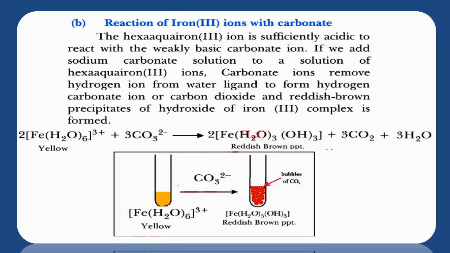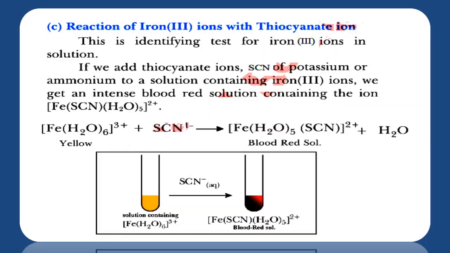Now students, let us study the third reaction of iron ions, with thiocyanate ions. But students, with thiocyanate ions, we are only going to study the reaction with iron 3 ions, not with iron 2 ions. This is an identifying test for the presence of iron 3 ions in a solution, because thiocyanate ions do not react with iron 2 ions in such a manner.